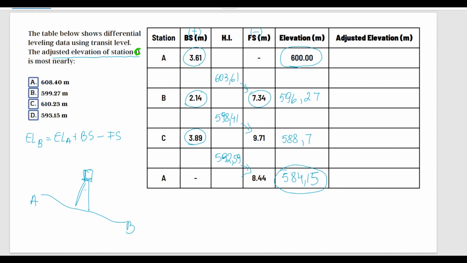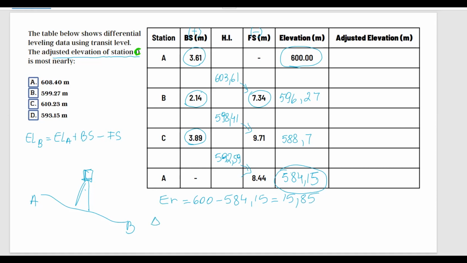First, we're going to calculate the total error that occurs. And this is going to be equal to 600 minus 584.15. And this is going to give me an error of 15.85.